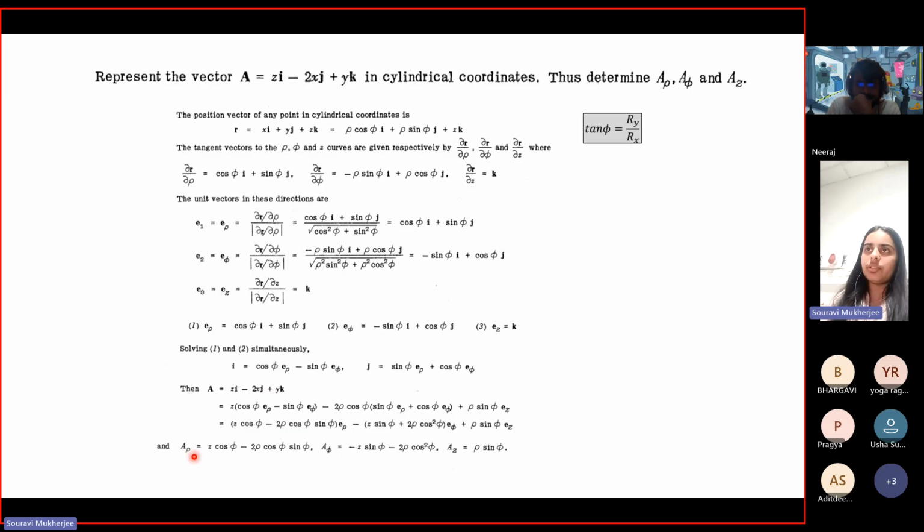Now you get the components of the vector in terms of rho, phi, and z. So you can now rewrite this vector as a rho into rho cap plus a phi into phi cap plus a z into z cap. That will be your vector in cylindrical coordinates.